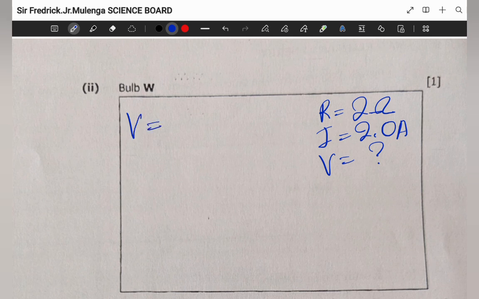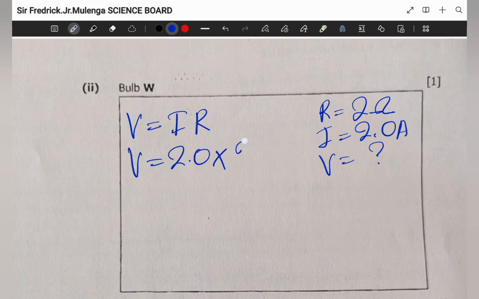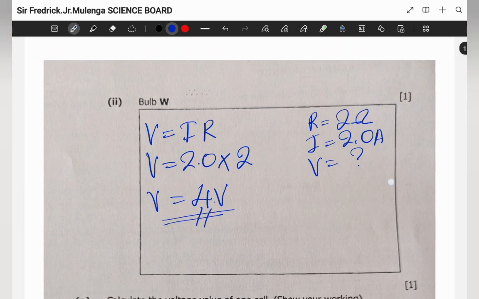So you write the formula, current multiplied by resistance. So we replace now: current, 2 as usual, times resistance, which is 2. So what do you get? You get 4 volts. That's the correct answer here.